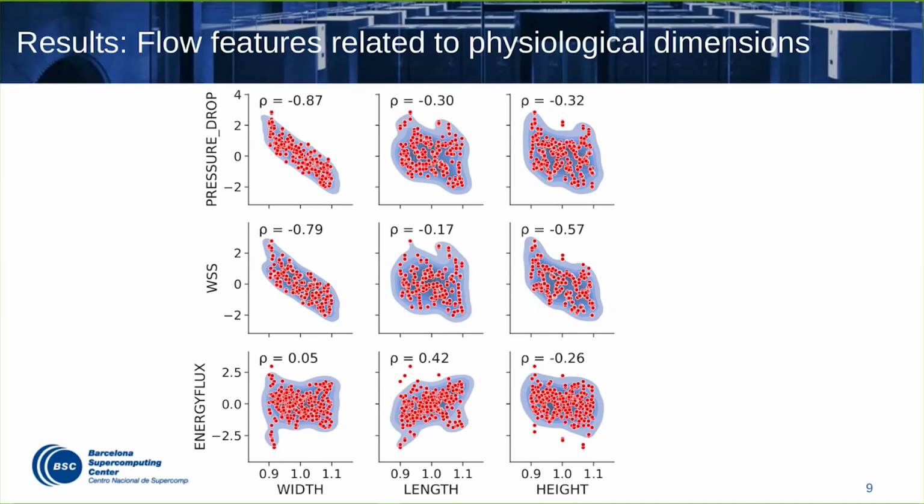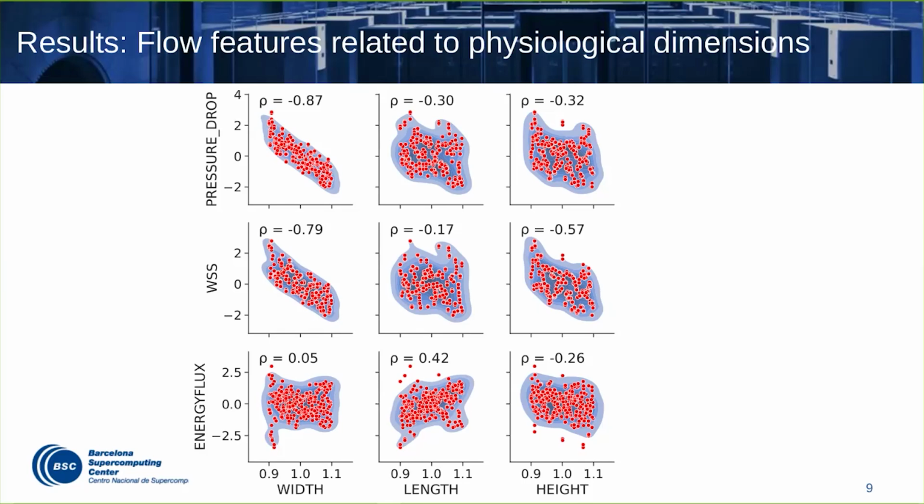For each simulation, we compute the pressure drop of the model, the wall shear stress averaged on the surface of the model, and the energy flux of the model. The energy flux is the rate of transfer of energy. It gives you an index of whether, for example, there is a jet impinging on the mucosa or something like this. So this is why we want to plot it.